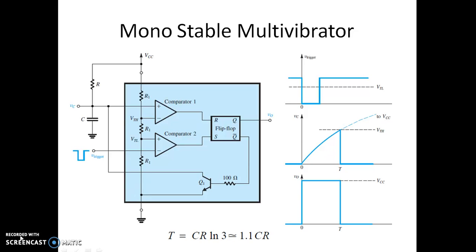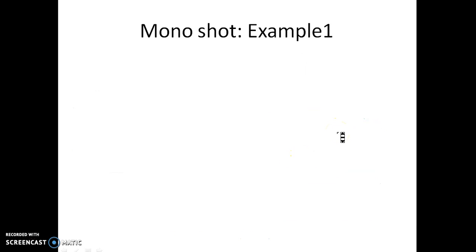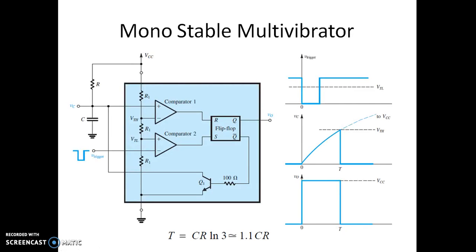We know that in the previous videos we have seen the circuit diagram for the monostable multivibrator, and the corresponding waveforms with the trigger signal going below VTL. When the trigger signal goes below VTL, the capacitor starts charging towards VCC. Once it crosses VTH, the output will become 0.